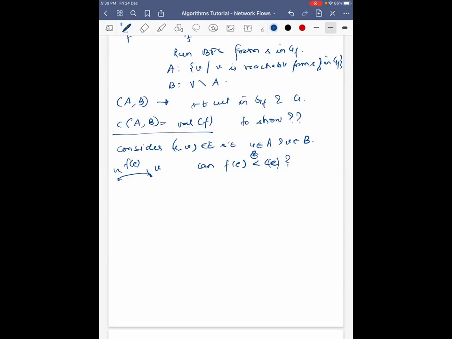No, because then we've already identified a path from S to T, which includes UV.